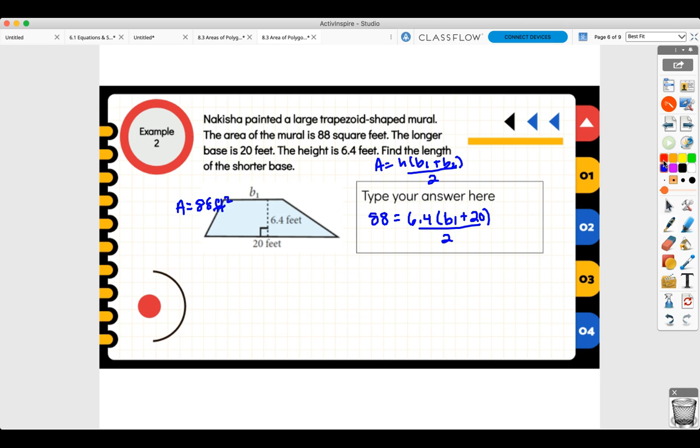We've done areas of triangles where you have a problem like this. To get rid of that 2, you multiply 2 to both sides. So 88 times 2 is 176, equal to 6.4 times B1 plus 20. Okay, so we just got rid of this.